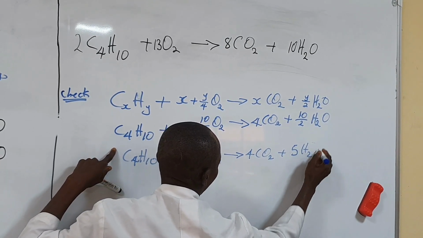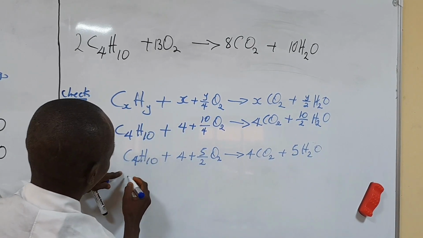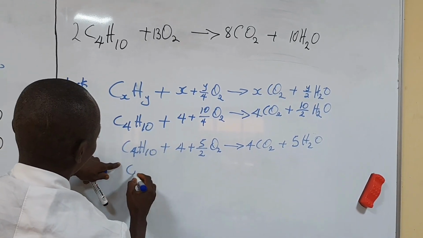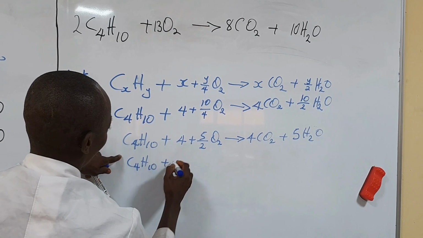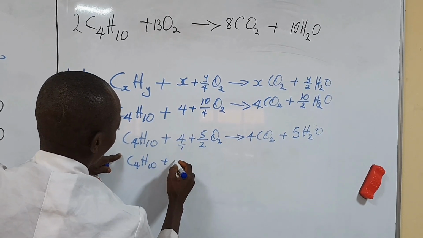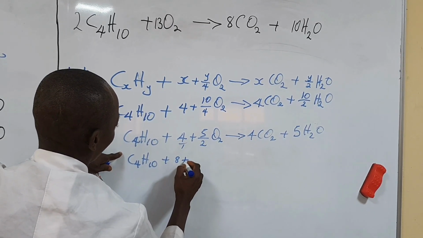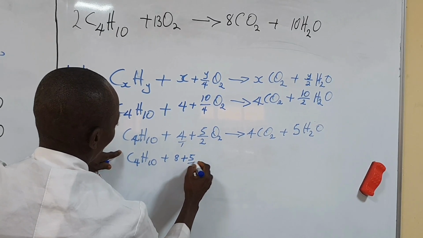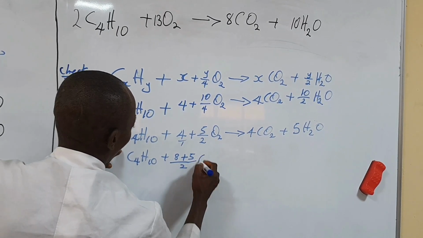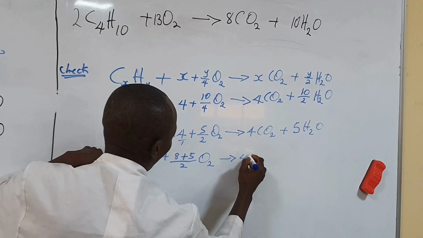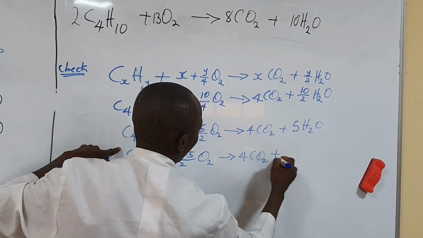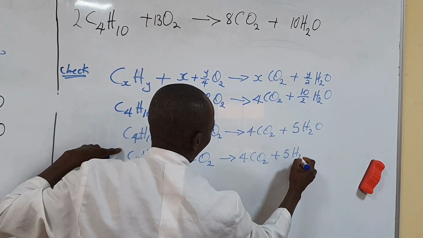Okay, looking at this closely, that means C4H10 plus, this is over 1, and this will give you 8 plus 5 over 2 of oxygen atom and 4 moles of carbon dioxide, 5 moles of water.